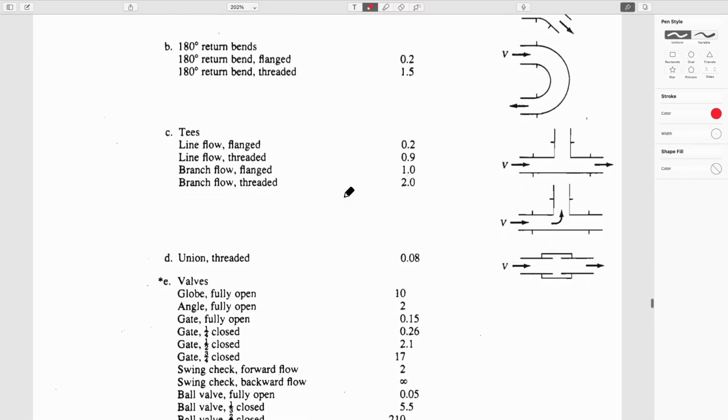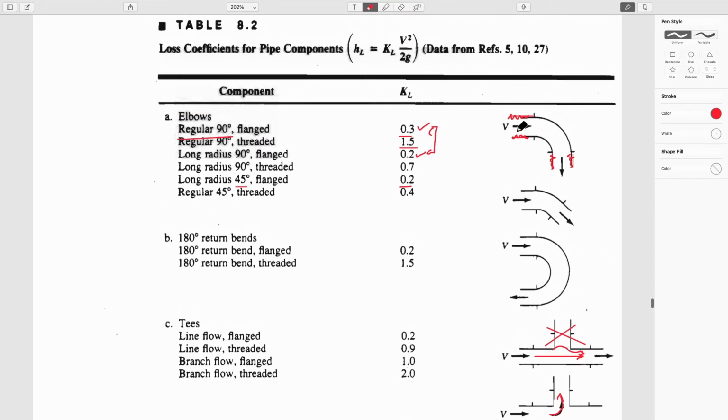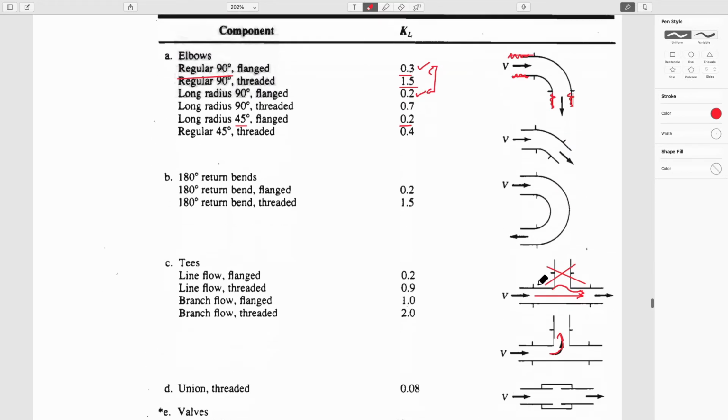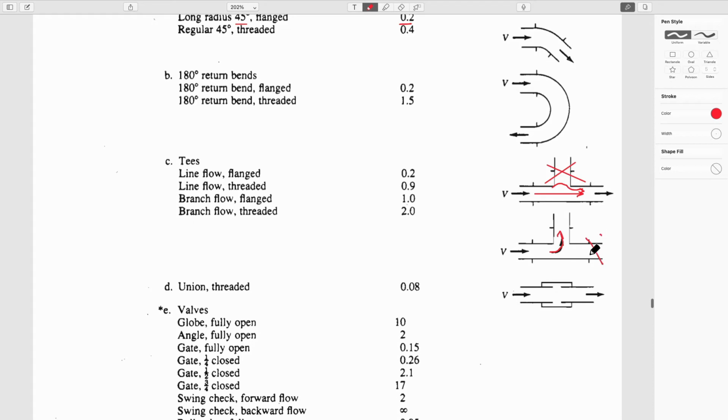If you have a T, and so I guess a T means the fact that this might be closed off, so there's no flow in here, but it's flowing past it, then there's still a loss as it goes across this little hump and past here. You could imagine it's just not going through a pipe that's closed, and so it's just disrupting the flow slightly. And of course, if that T happens not to be closed, but is actually kind of like an elbow, a 90-degree elbow, because it's not flowing here, maybe because it's closed, this would be stagnant water, and so this should be close to being like an elbow.